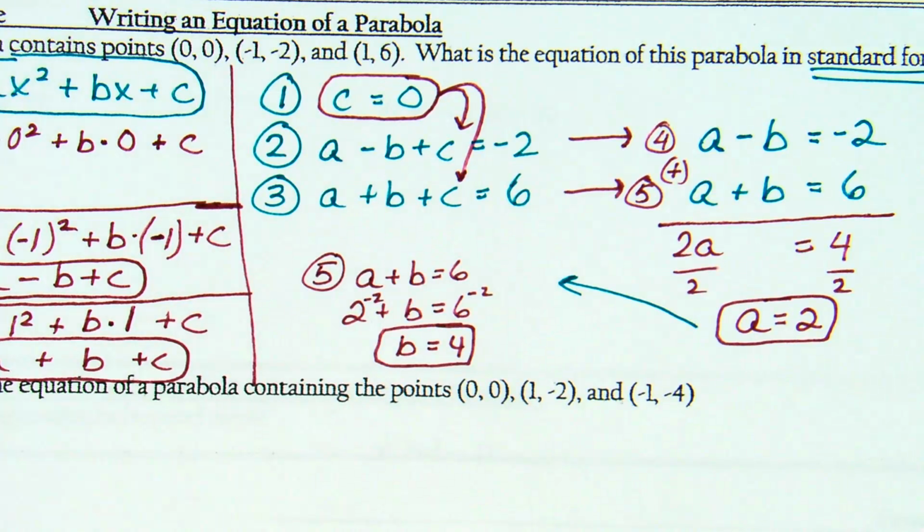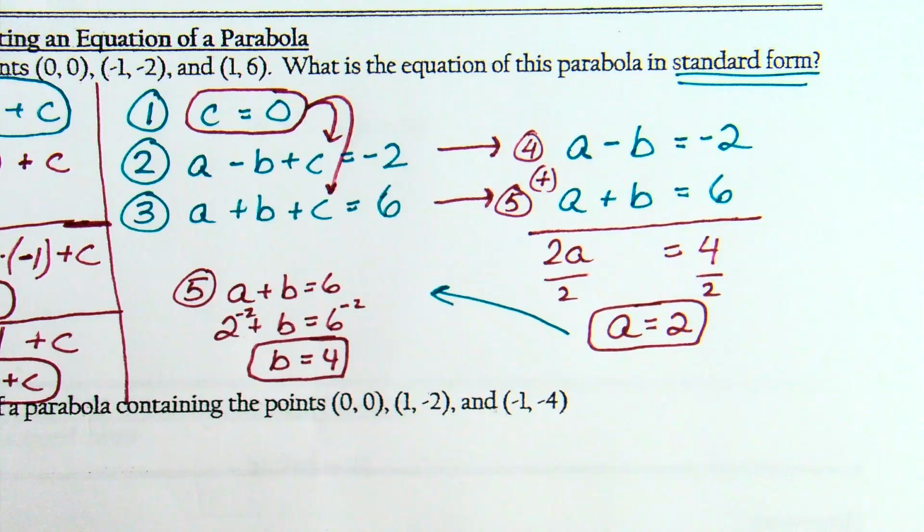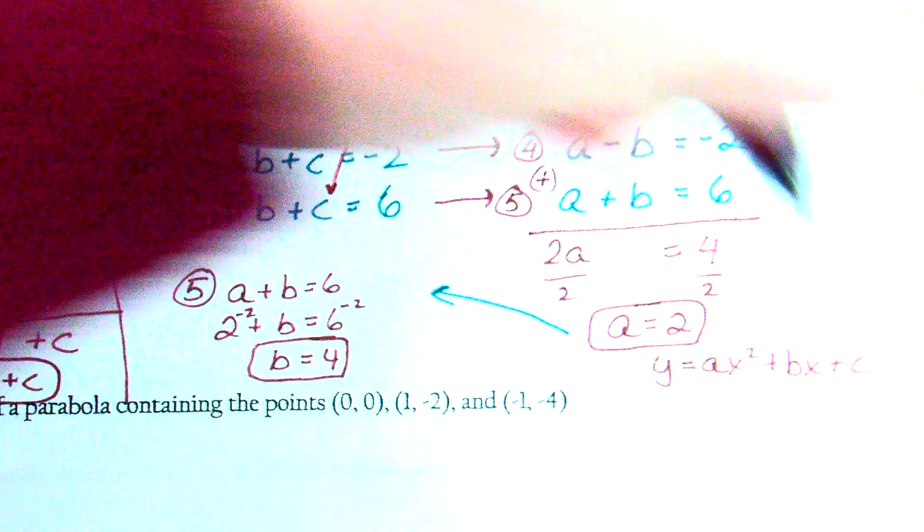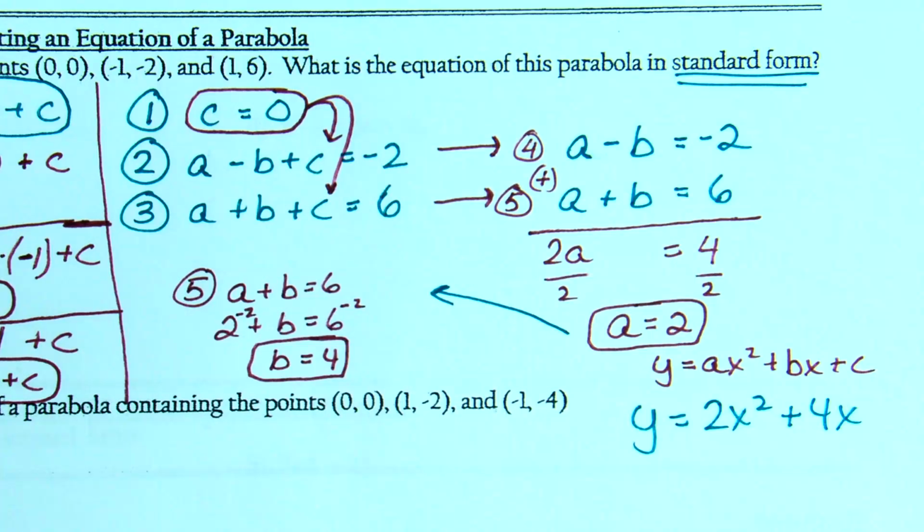Do we know ABCs? Yes. So it's just a difference of how we express. It's y equals ax squared plus bx plus c. So y equals 2x squared plus 4x plus 0.